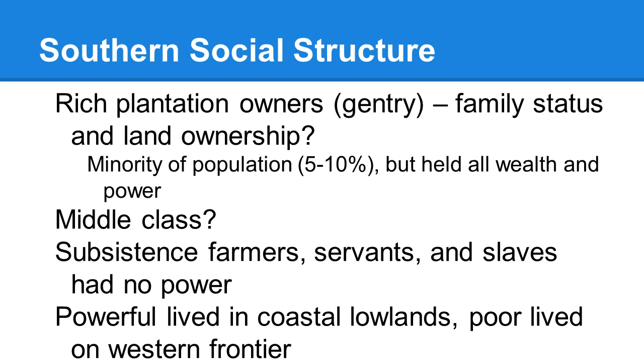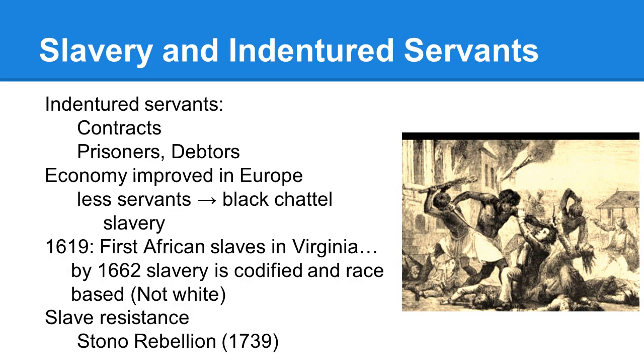That's the more wealthy people are going to have the better lands near the water, and the poor are going to live at the foothills of the mountains in the western frontier. So make sure you know who's controlling everything and where each section lives, and the fact that there is no middle class. Let's take a closer look at those slaves and indentured servants.